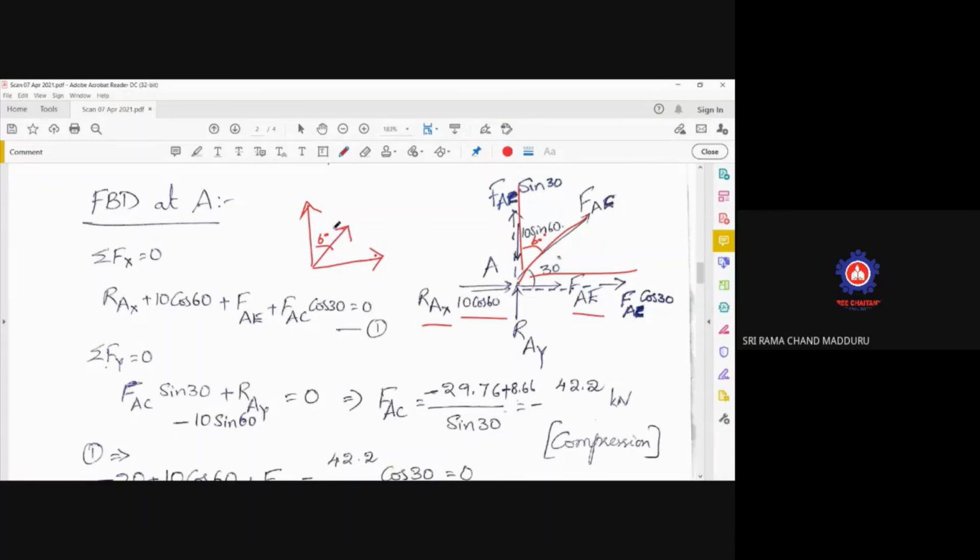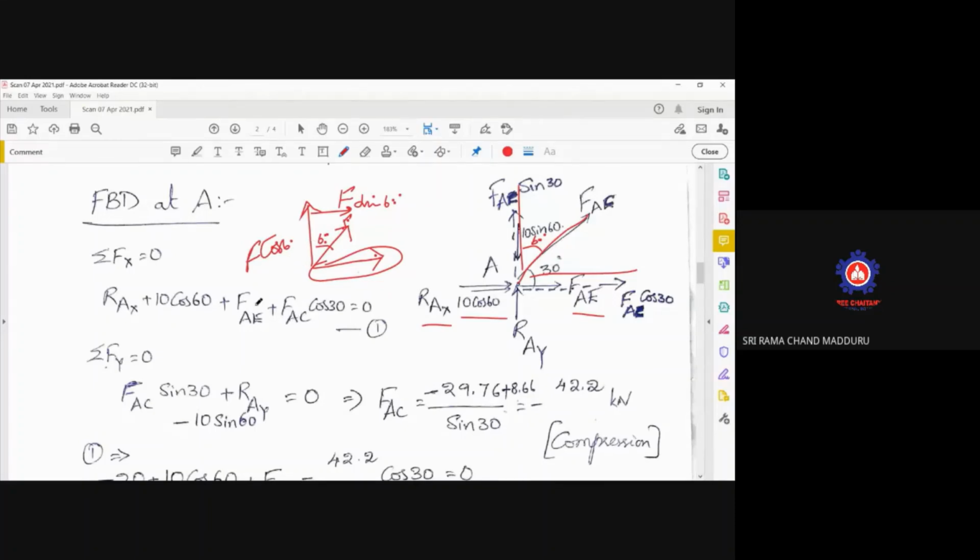When you are resolving along the horizontal axis, just replace this force here. So with 60, this one will be considered as cos 60. This is force F, this is F cos 60, this is F sin 60.